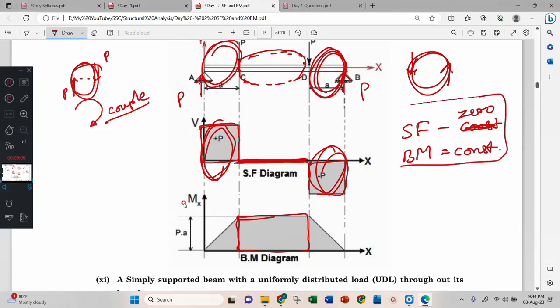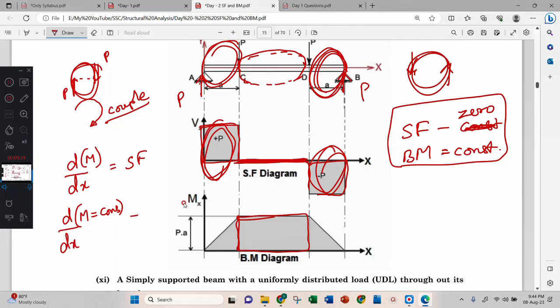Okay. I will give you another example. Rate of change of bending moment is what? Slope. Rate of change of bending moment is shear force. Now, if the bending moment is something constant, then what is the differentiation of a constant?